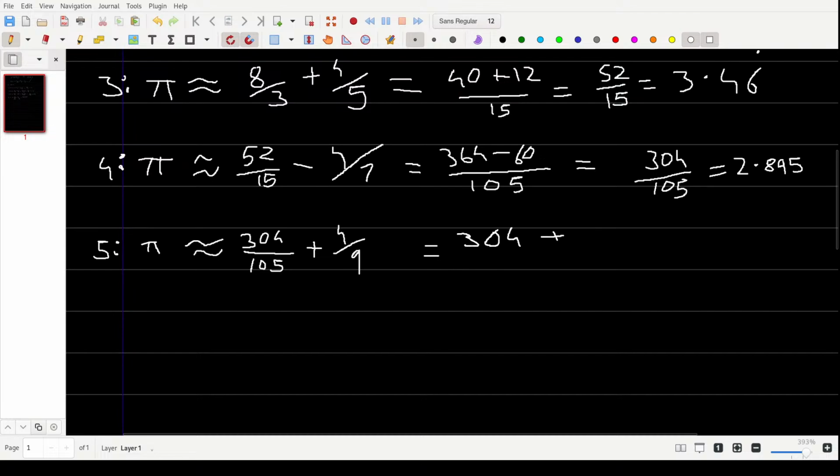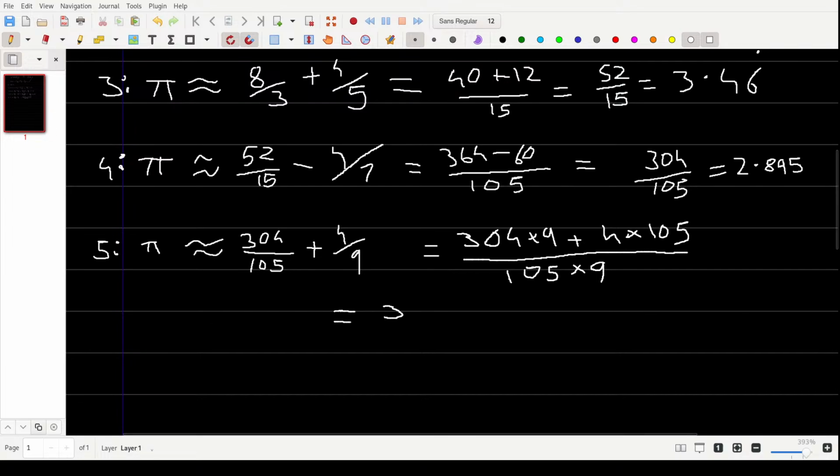304 times 9 plus 4 times 105 over 105 times 9. Now, there is a common factor of 3 if we factorize this.